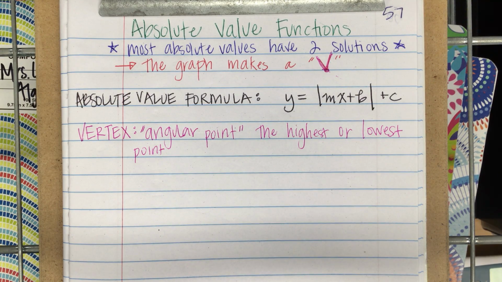So that's where we start making our graph. We start making our absolute value graph by finding the vertex. And, not so shockingly, there's a formula we use.